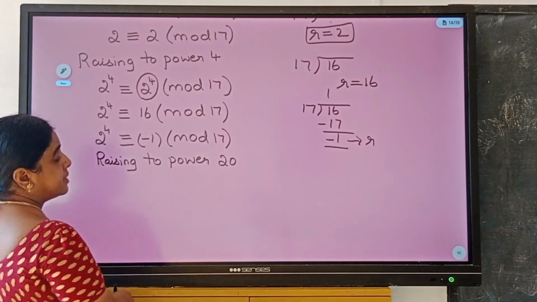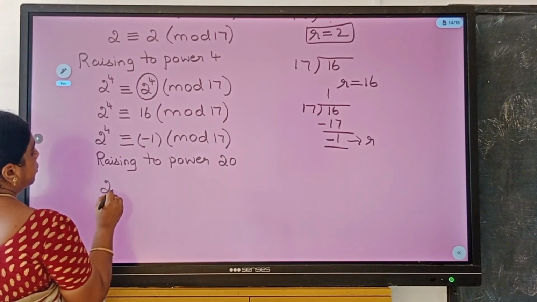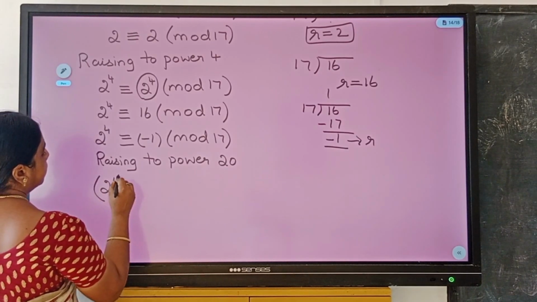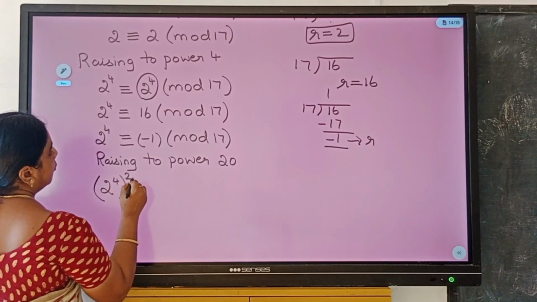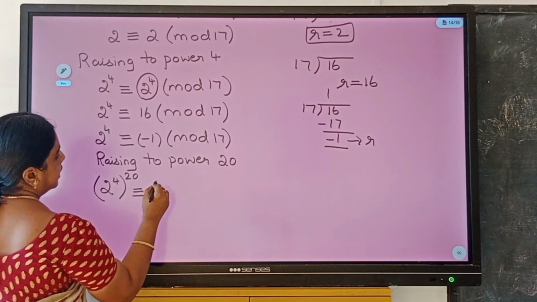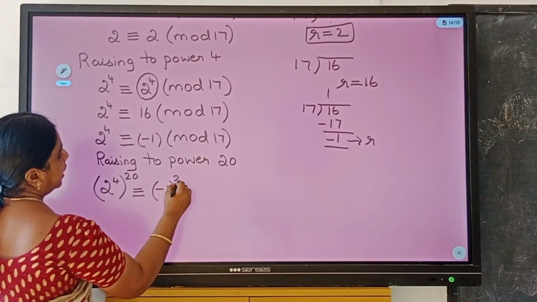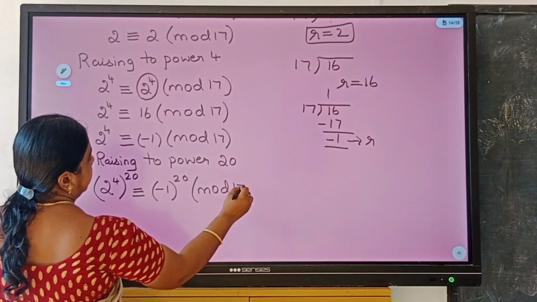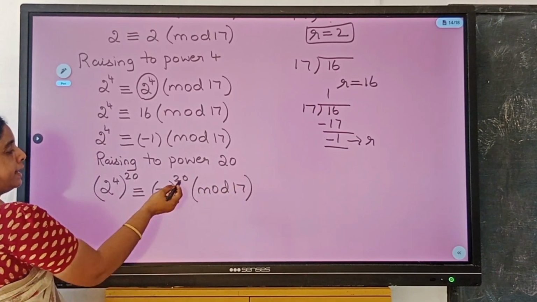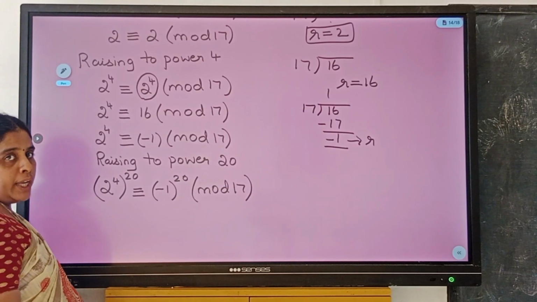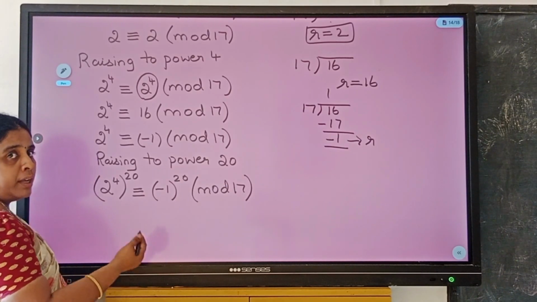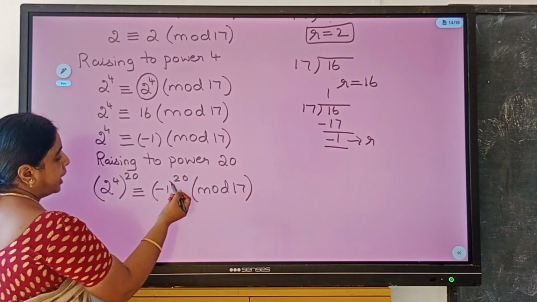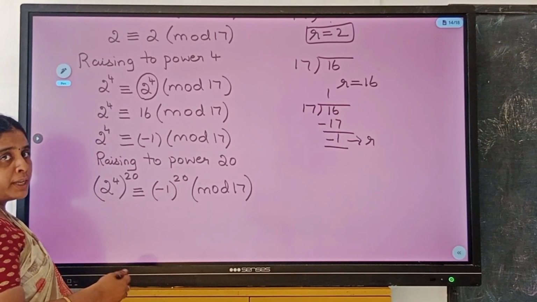When I raise both sides to the power 20, 2 power 4, the whole power 20, is congruent to minus 1 to the power of 20 mod 17. Any negative number to the power of an even number, your answer would be positive, and that is 1, no matter how many times you multiply.